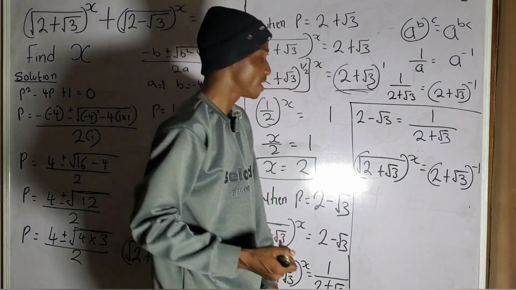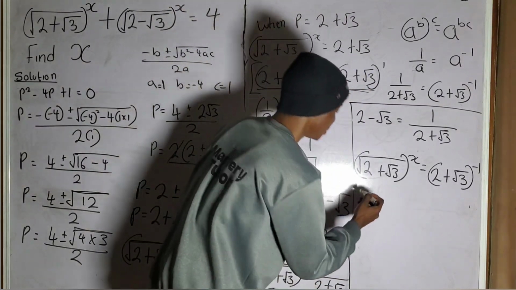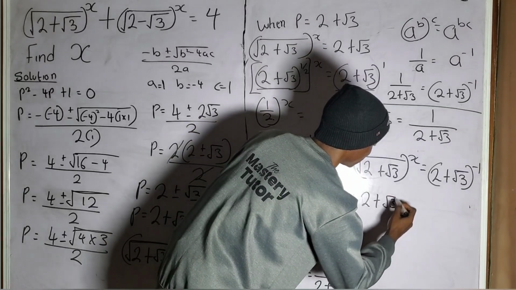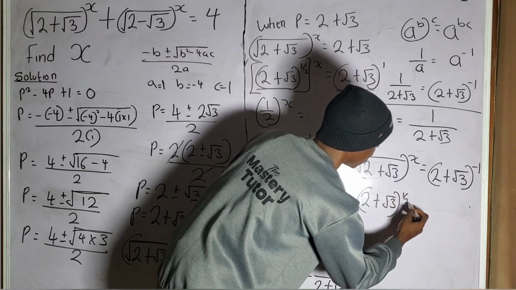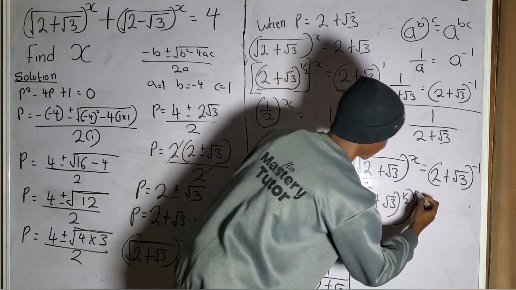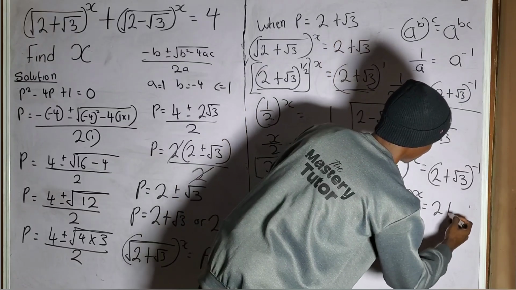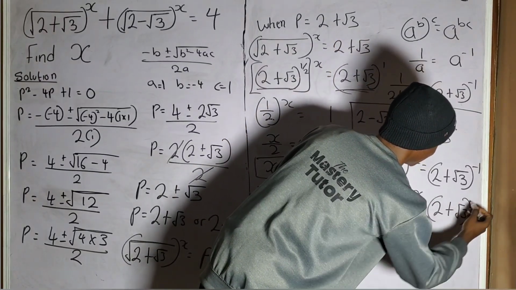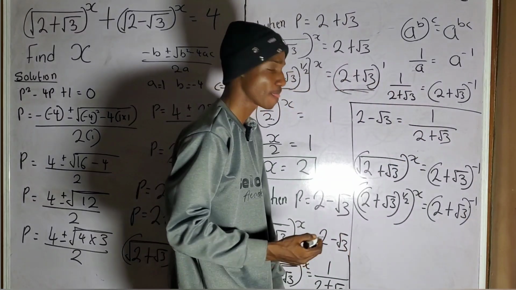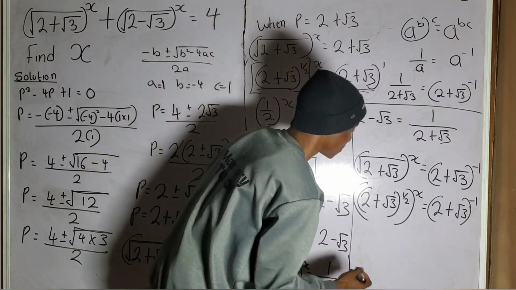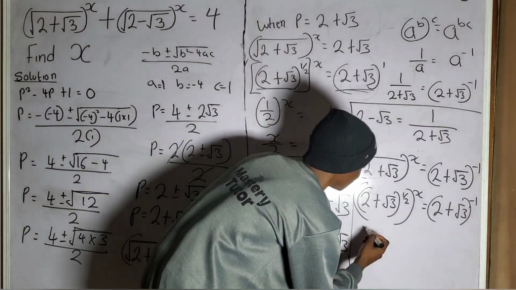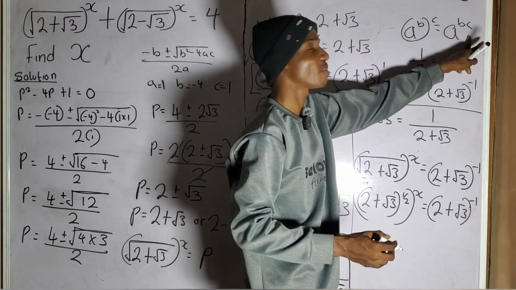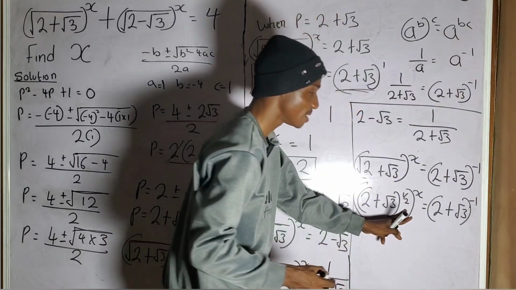Are you getting it? Now, pay attention. This square root, I can rewrite as this. 2 plus root 3 raised to the power of 1 over 2 raised to the power of x equals what? 2 plus root 3 raised to the power of negative 1. Are you there? So for this, according to this law, a raised to the power of b raised to the power of c equals a raised to the power of b times c, I'm going to use the same law here.